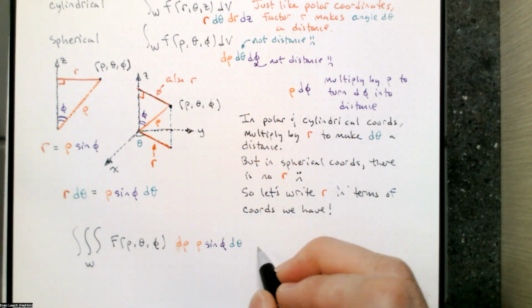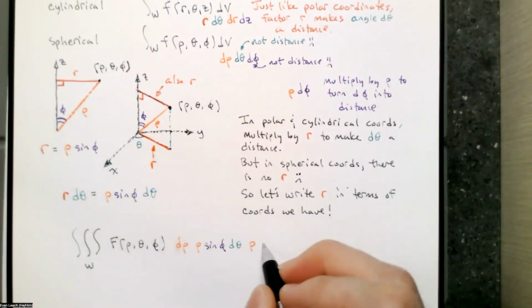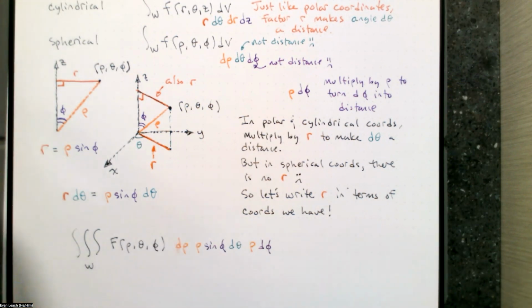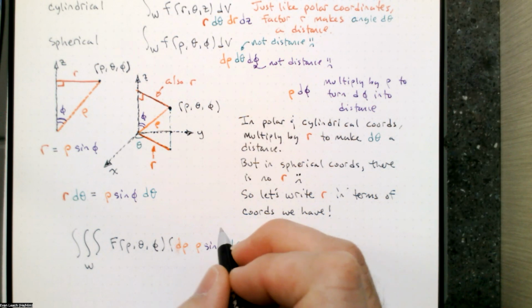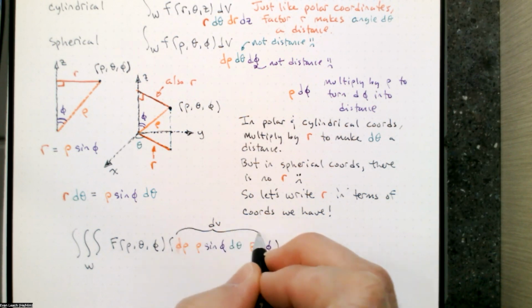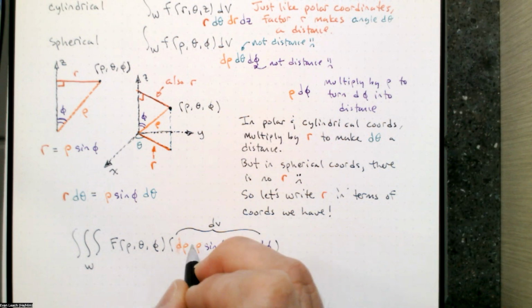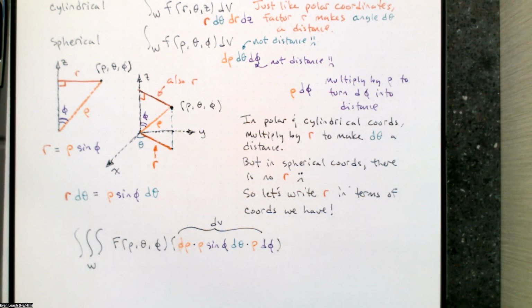And then the third factor in our volume is rho times d phi. All this is our dV. Here's where we're multiplying them. Length, width, height.